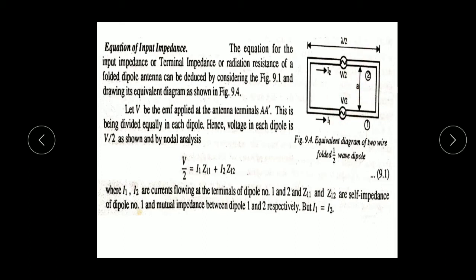Let V be the EMF applied at the antenna terminal A dash A. This is divided equally in each dipole, hence the voltage in each dipole is V by 2.